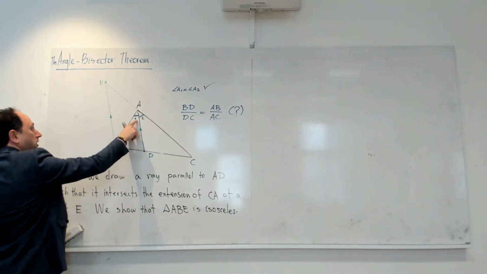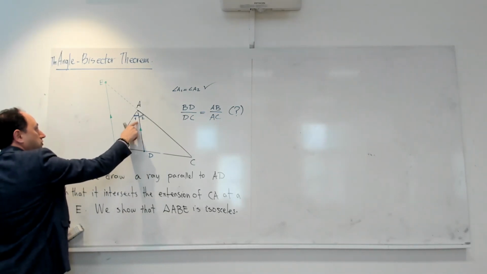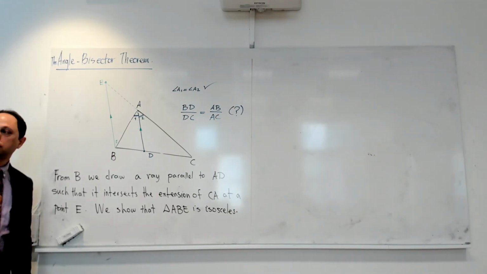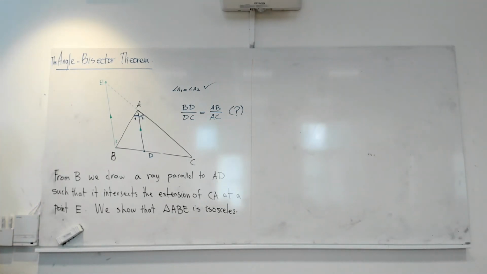And from the beginning, I know that the sizes of these two angles are the same. Can we say that the angle E is the same as A1 and A2? It is equal to A2. But of course, automatically it becomes equal to A1.